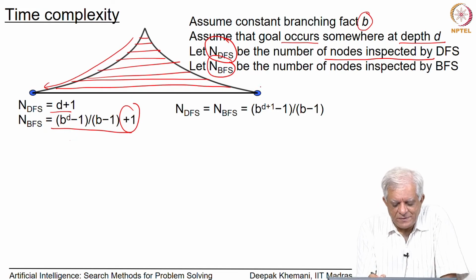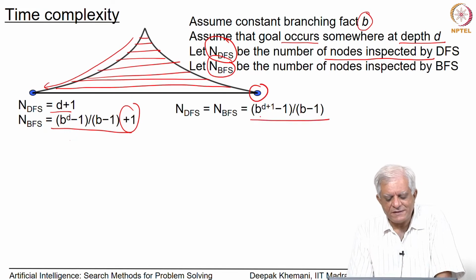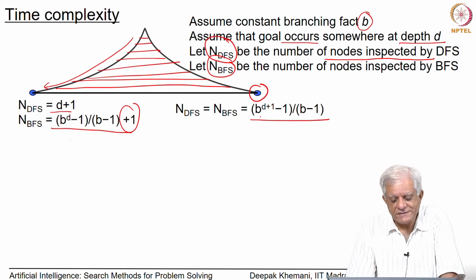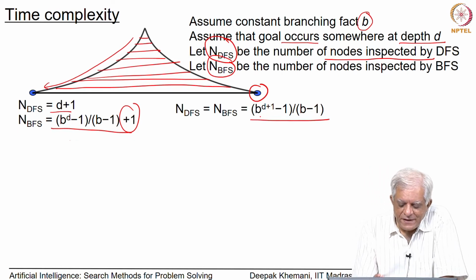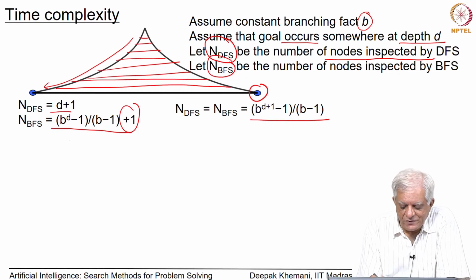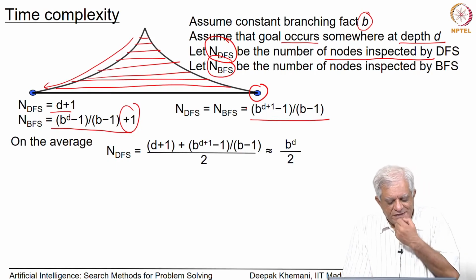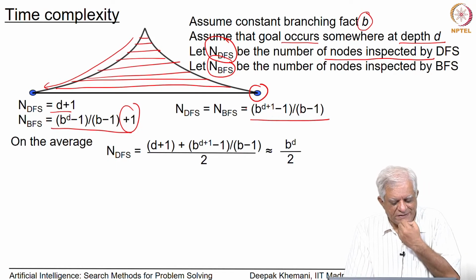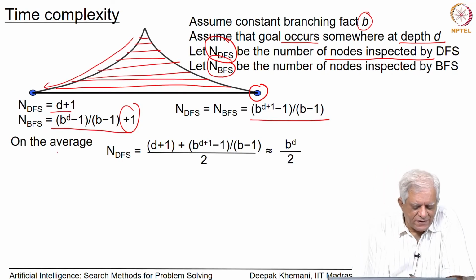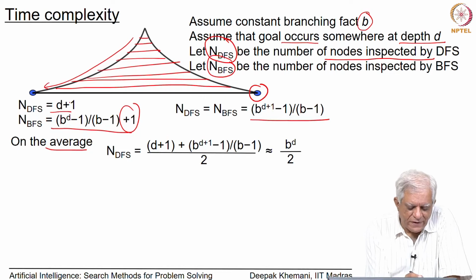If the goal happens to be here, then both of them will end up inspecting the complete search tree, and inspecting these many number of nodes, which is b raised to d plus 1 minus 1 divided by b minus 1. So, we want to see what is the average that they will see. So, we will assume that the average is the average of these two values.